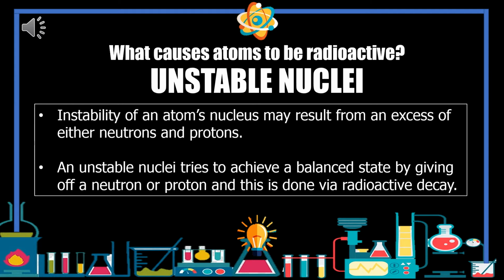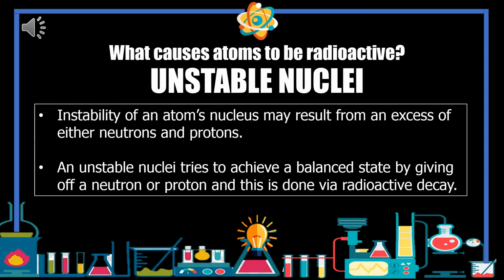As I have said, protons and neutrons are held together by a glue called the strong nuclear force. This strong force cancels out the repulsive electrostatic force of like-charged protons and keeps the nucleus stable. However, the nuclear force has a short range of action and is dependent on the ratio of neutrons and protons present inside the nucleus.